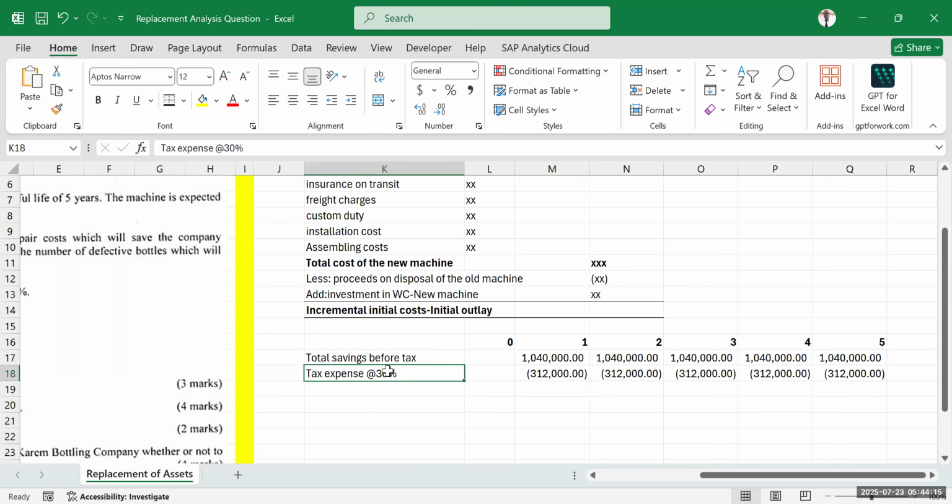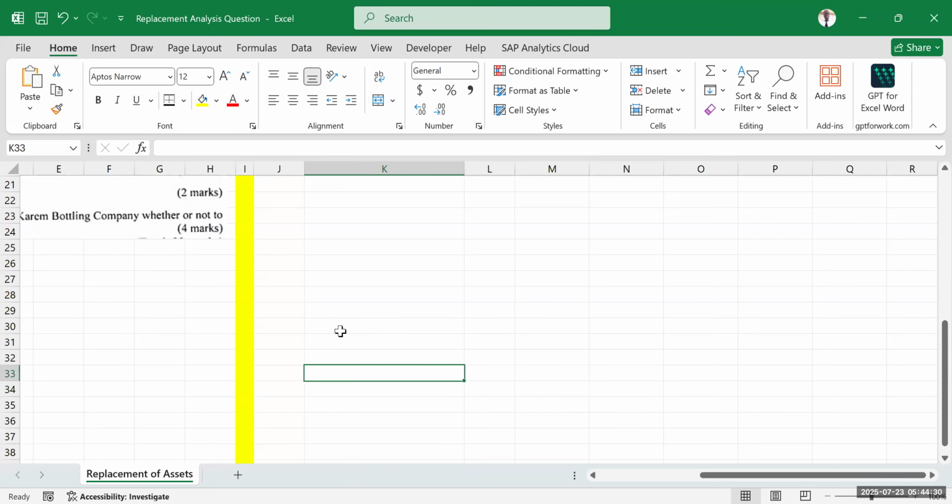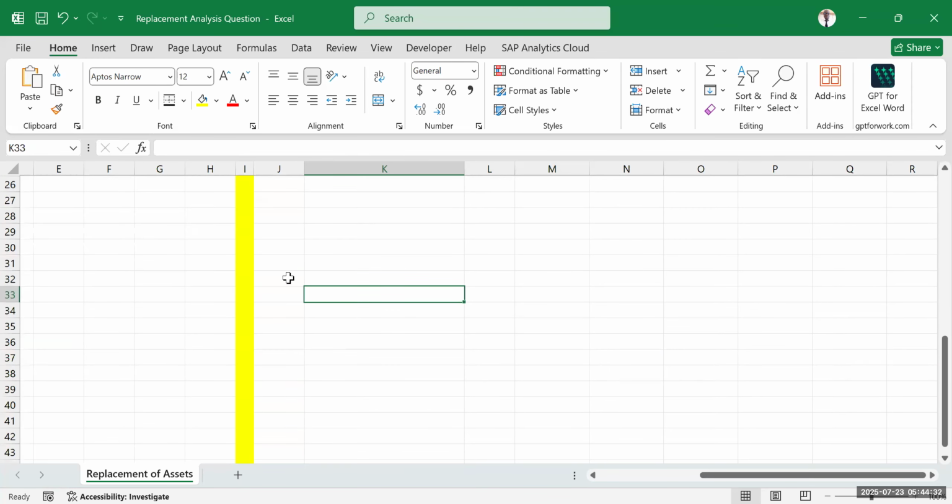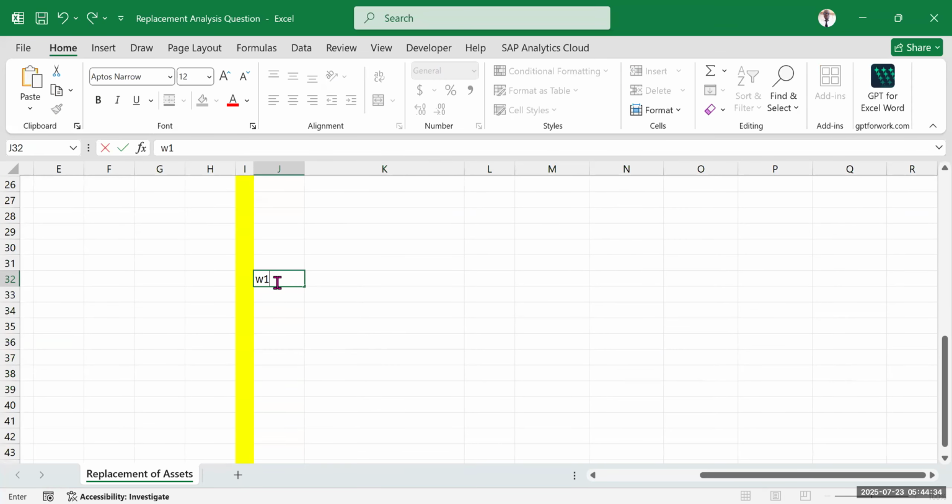In this our approach, we charge tax on the total, and I want us to add the depreciation tax shield benefit. But first, we need to compute the incremental depreciation. So I will come and do that computation down here. Let me call it just working one.